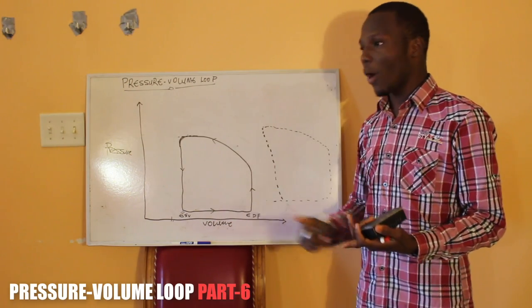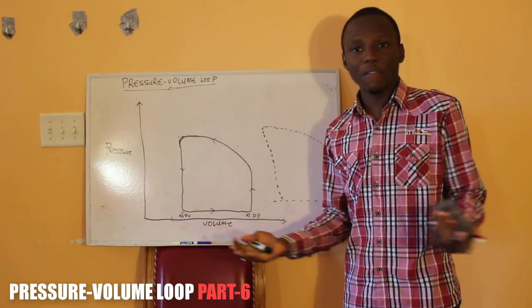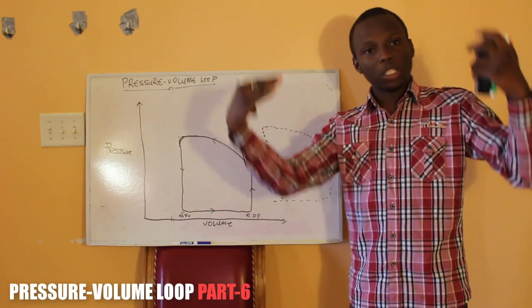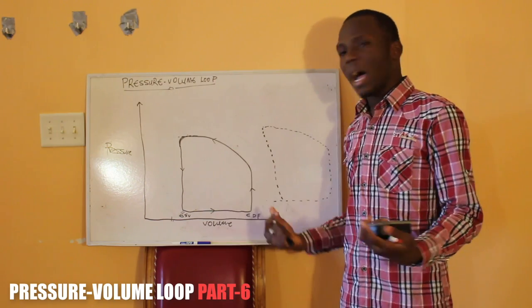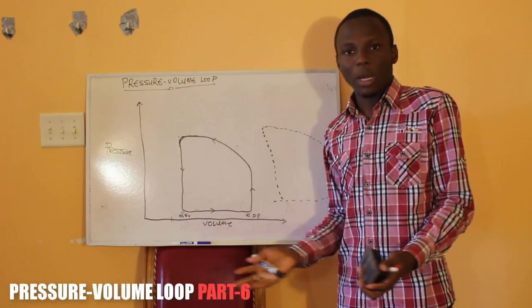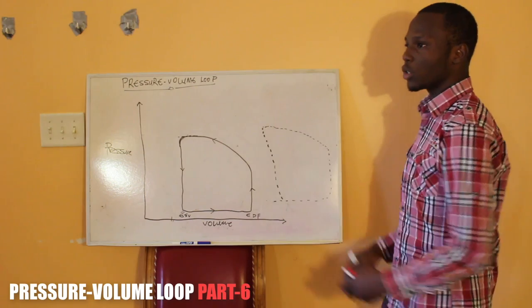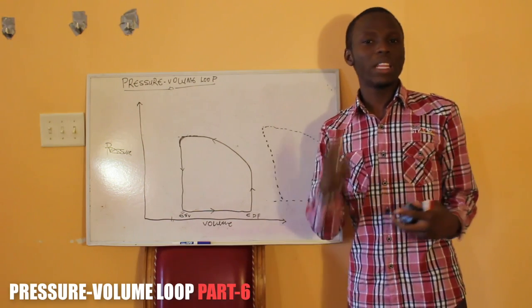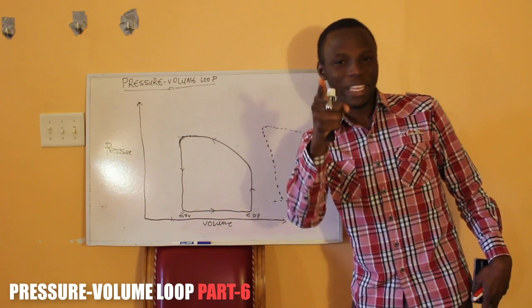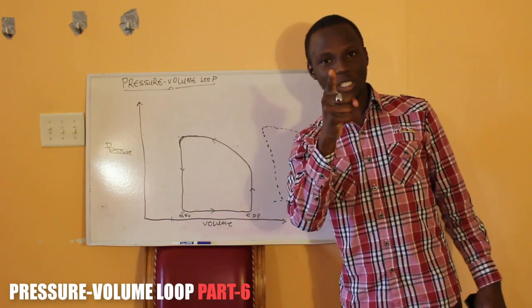There will be an increase in your end systolic volume and also an increase in your end diastolic volume, because there's more blood coming back from the aorta, and there's an equal amount of blood coming from your atrium. So the graph of aortic regurgitation will look something like this. And in aortic regurgitation, there's wide pulse pressure. That's one giveaway I'm giving you in the question. When you see a wide pulse pressure, just go for aortic regurgitation.